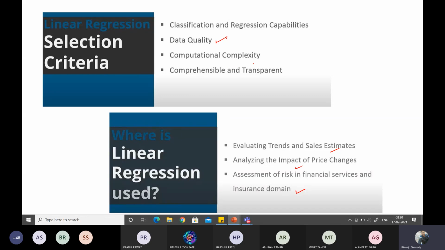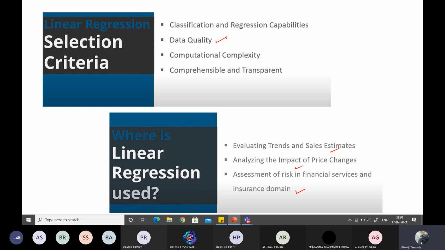Sometimes it also depends upon computational complexity. If your data set is highly complex, or there are so many variables, at that time we cannot find a simple regression line for those types of data. So in that case we should not use this linear regression model, because this is a very fundamental or basic model in which we try to model using a straight line.